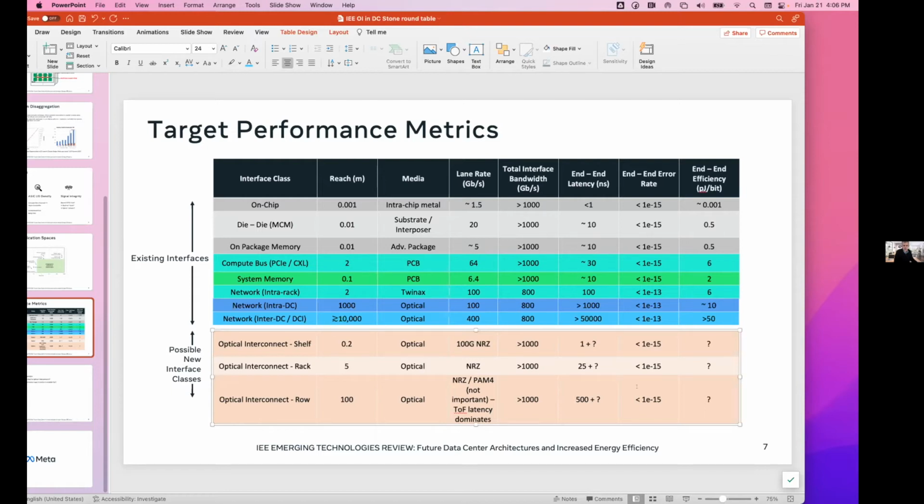And then what about... I had a question. So on the optical interconnect shelf, that kind of means chassis, right? Yes. I'm not advocating anything here, I'm just questioning. Correct me if I'm wrong, you're talking about less than 8 inches. That's right. Like any of the OAM systems today, those 8 OAMs, there's definitely more than 8 inches between the connectors on the two ends.